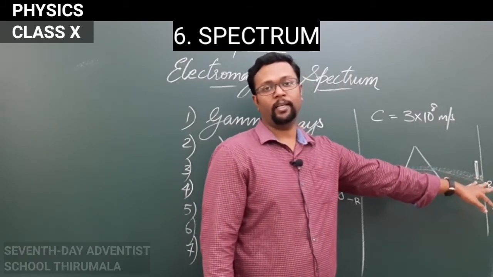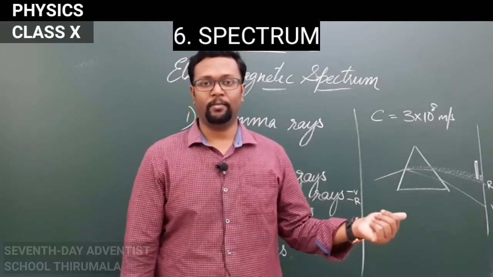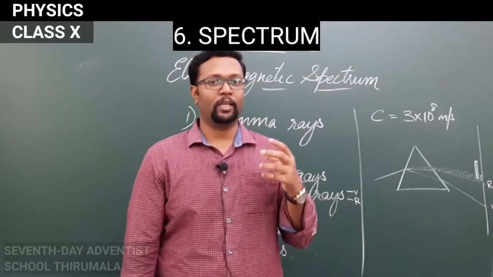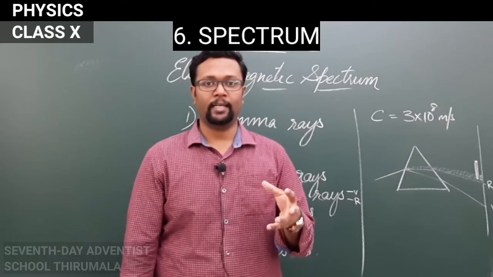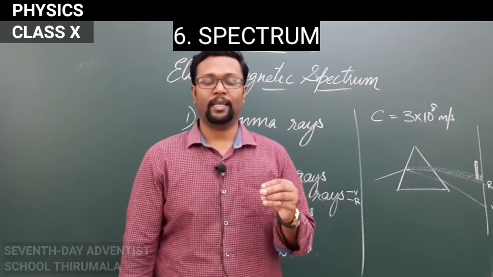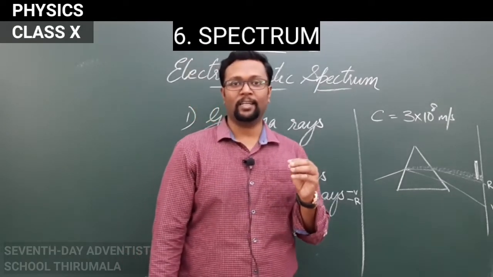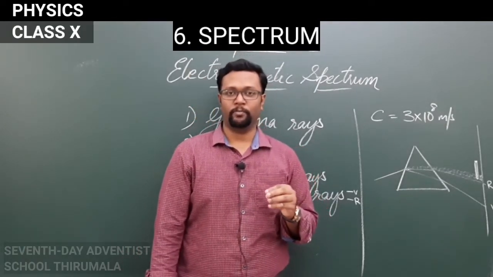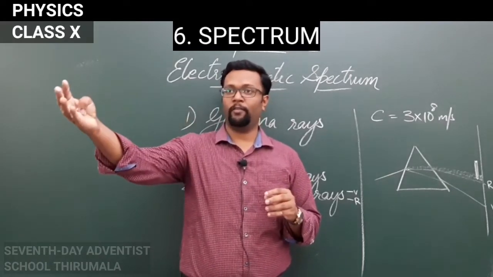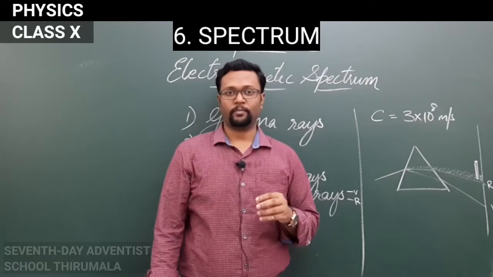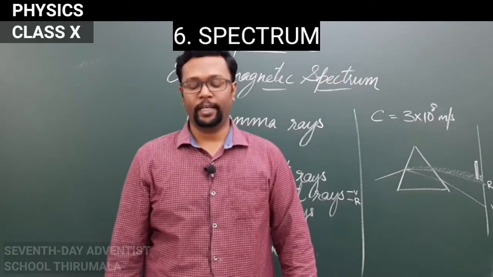Infrared radiations, which lie above red, are less scattered than visible light. So we can use infrared radiation for taking photographs at night, or where visibility is reduced due to mist or fog, or for taking photographs of subjects which are far away. Such applications are there for infrared radiation.